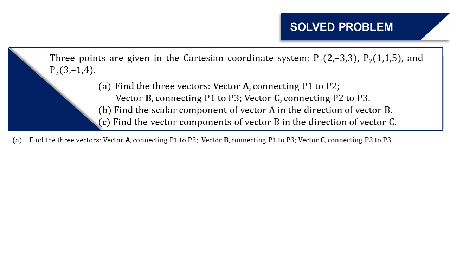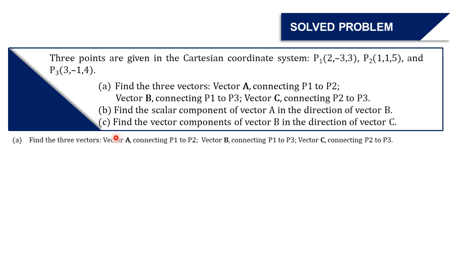You can probably visualize that already, right? We have three points. If you connect them with lines, you create vectors. Next, we are to find the scalar component of vector A in the direction of vector B. This is familiar from our topic on the scalar product, where we encountered this kind of problem.